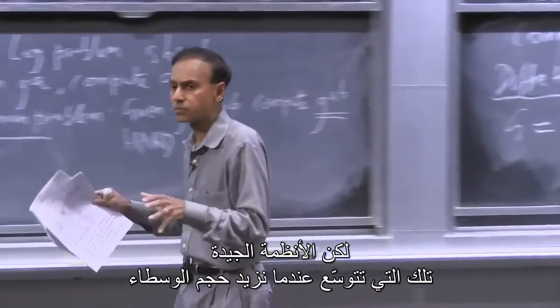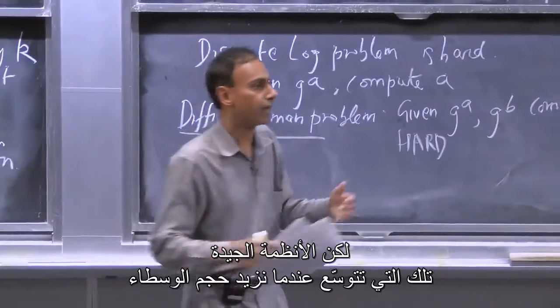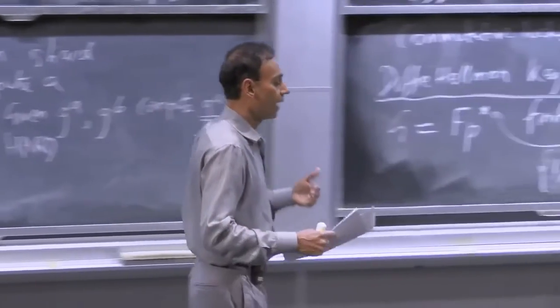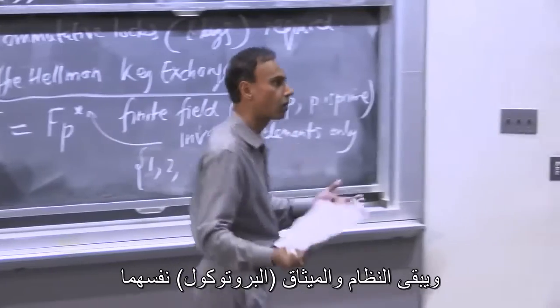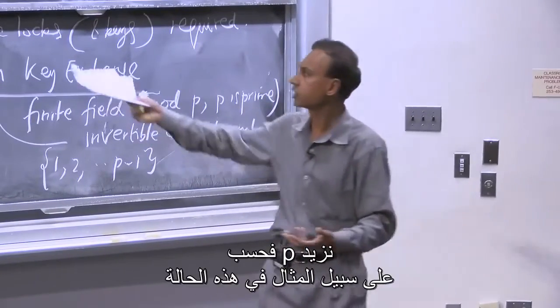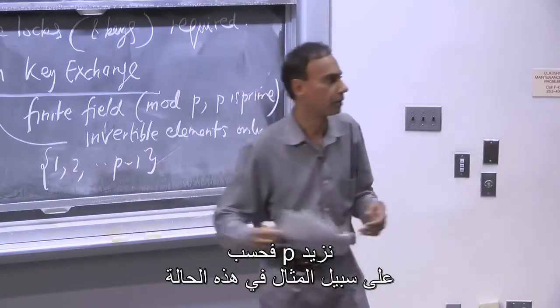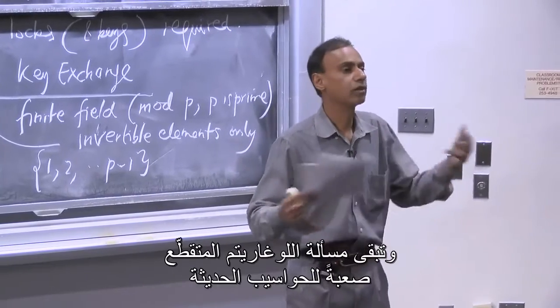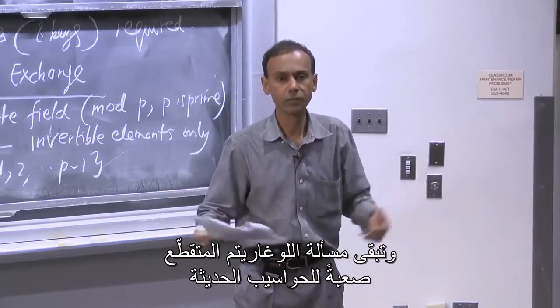But the good systems are those that scale, where you increase the parameter size, and the system and the protocol stays the same. And so you just increase P, for example, in this case, and the discrete log problem is still hard for modern computers, right?